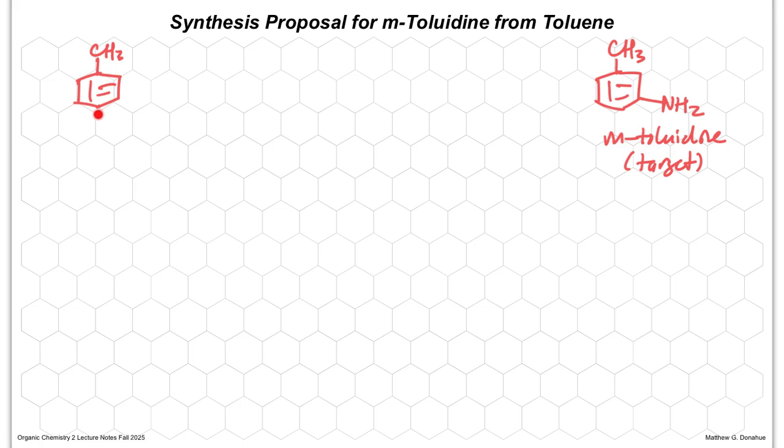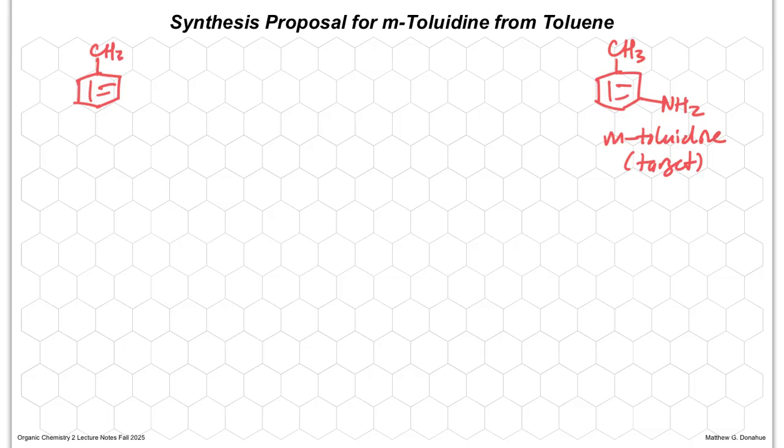So overall, H needs to go to H. We have to block, do some stuff, and then whatever group we put on as a blocking group, we have to remove and replace it with that hydrogen. We learned some reactions to do that, primarily through the diazotization route, where we could then quench with H minus as a nucleophile.